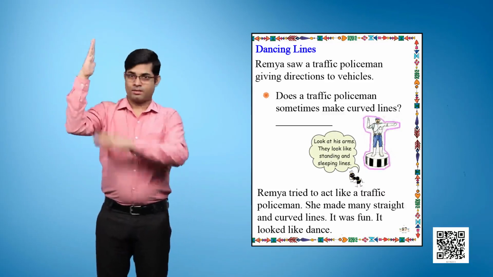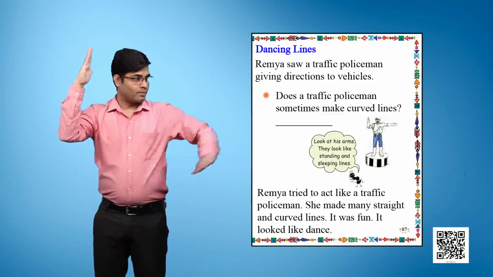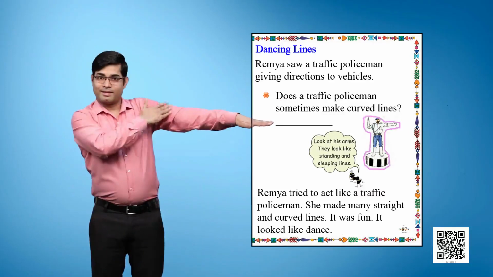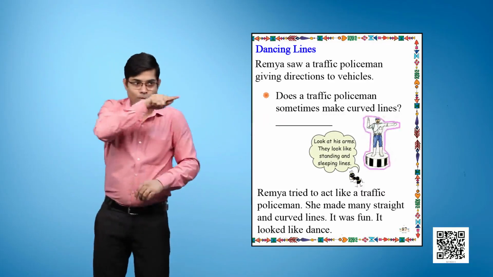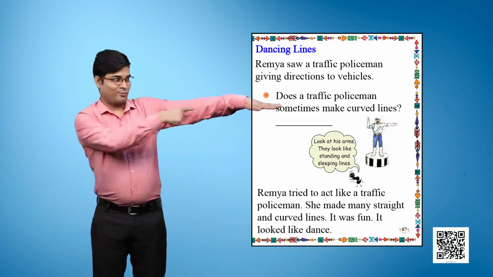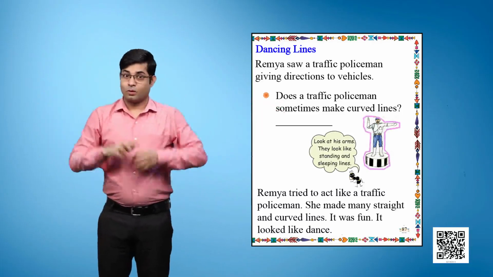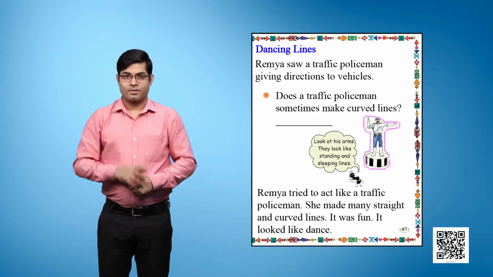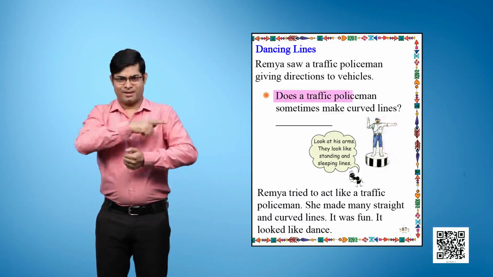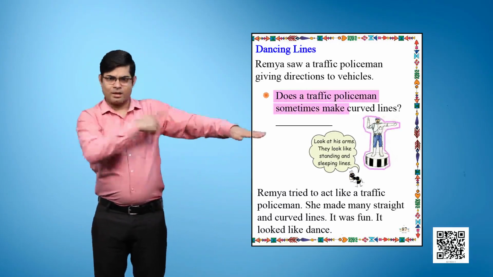And his right arm is bent upward from elbow and his left arm is wide open. Question. Does a traffic policeman sometimes make curved lines?